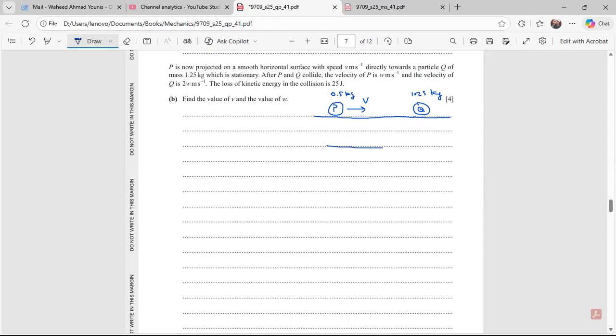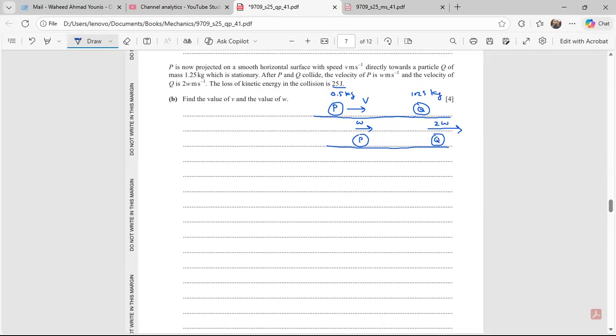After the collision, the velocity of P is W, and the speed of Q is 2W. The loss of kinetic energy is 25 joules. We need to find V and W, so the initial speed of P and the final speed of both of them.